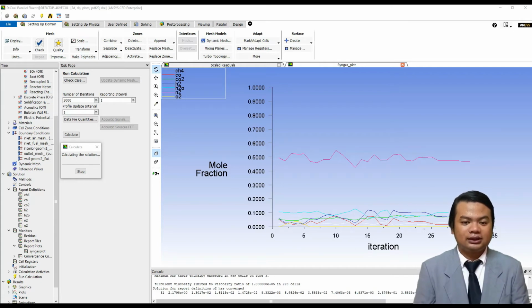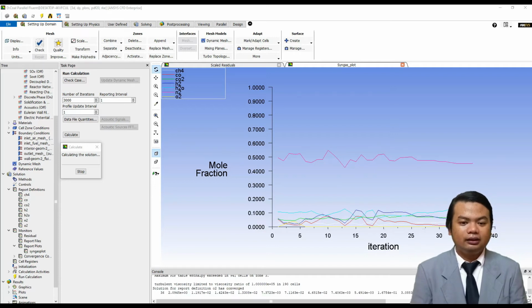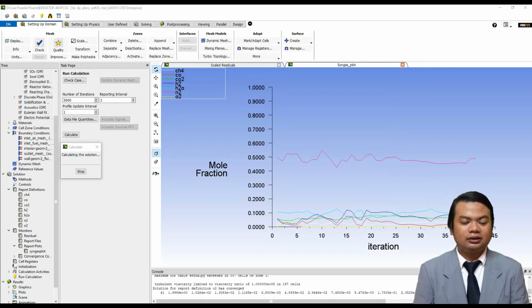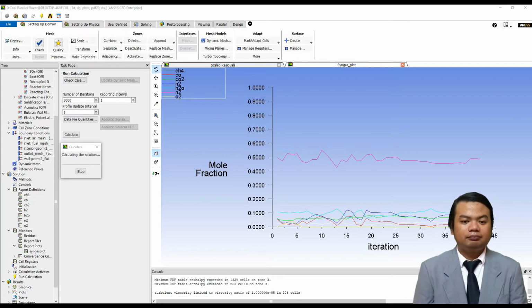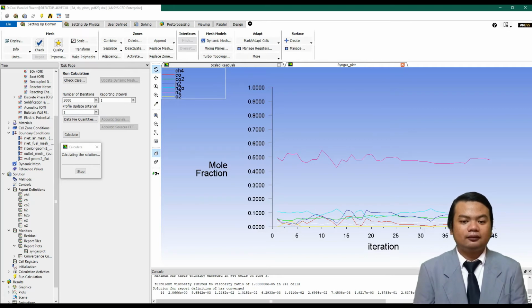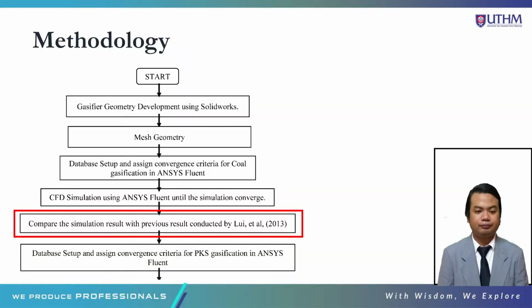The simulation was initialized using hybrid initialization before it was run. The simulation was run until the calculation of all monitor parameters converged. After the calculation was complete, surface integral and XY plot were utilized to extract the syngas composition, temperature, pressure, and velocity data for the simulation process.